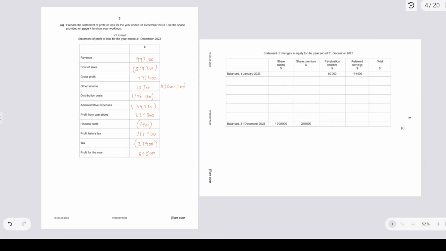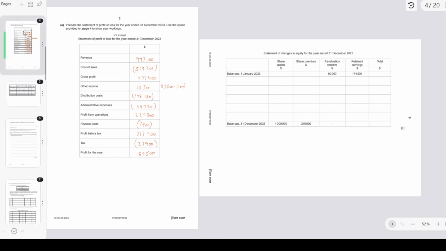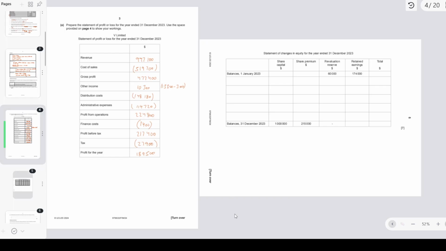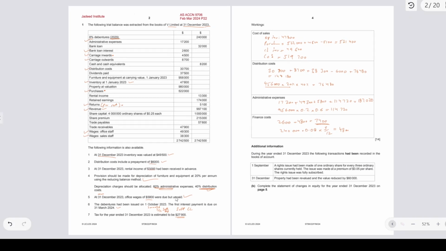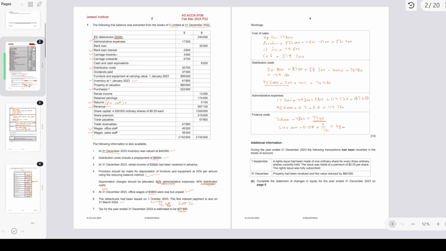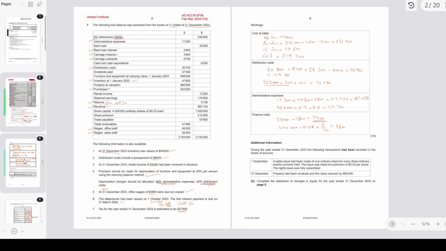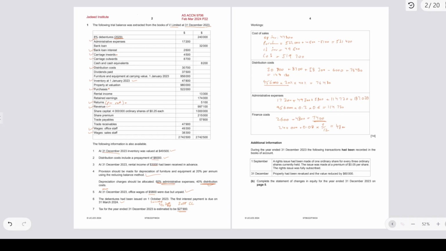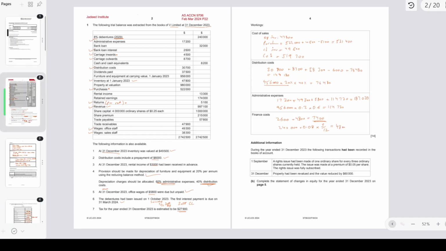Now let me rearrange the pages. Did it rearrange? No. Well, it's not a big deal.